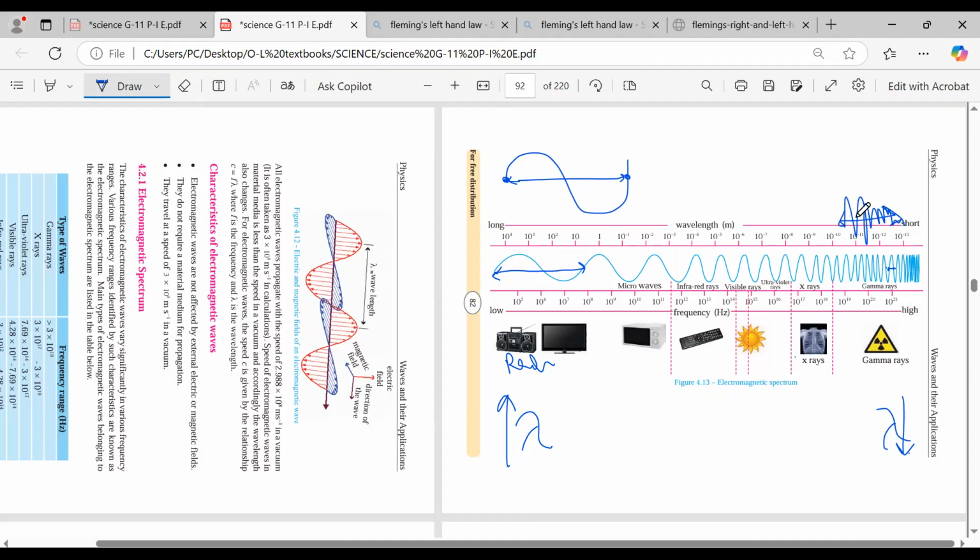Faster in the sense that the number of oscillations it is going to take per unit time is high in this or this. What do you think? Number of oscillations, number of vibrations per unit time, is higher in radio waves or the gamma rays? What do you think?